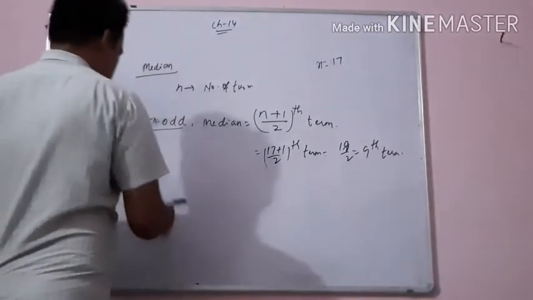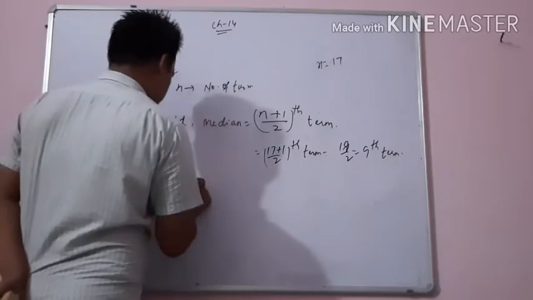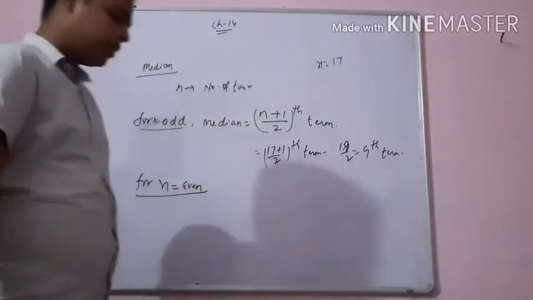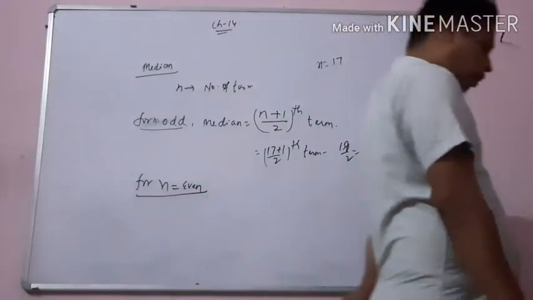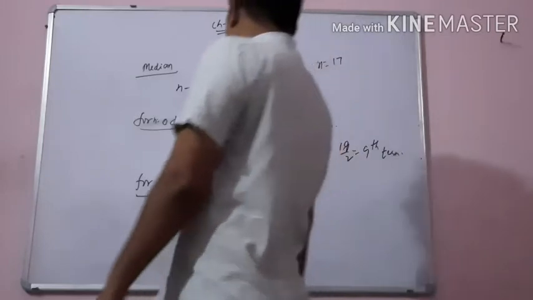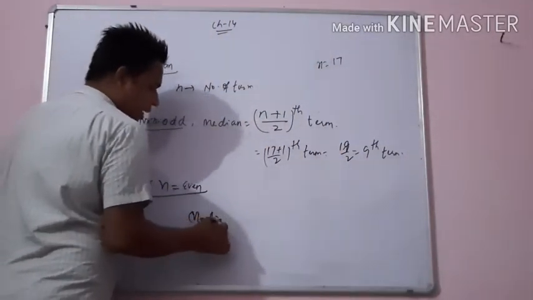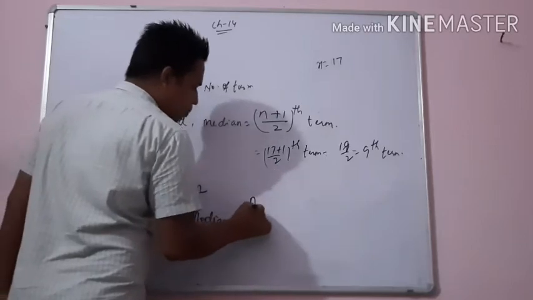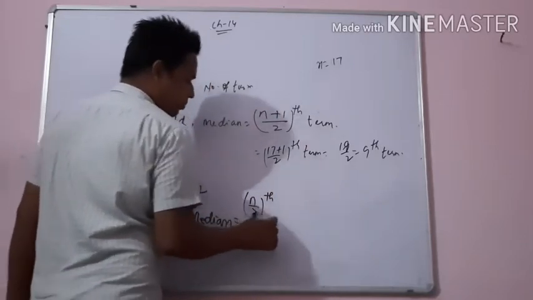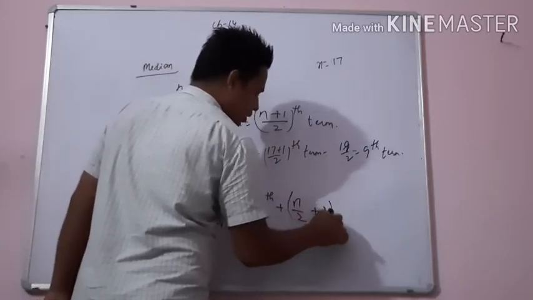Now, for n equals even, how will we find the median? In this case, median will be the average of the n upon 2 term and the (n upon 2 plus 1) term.